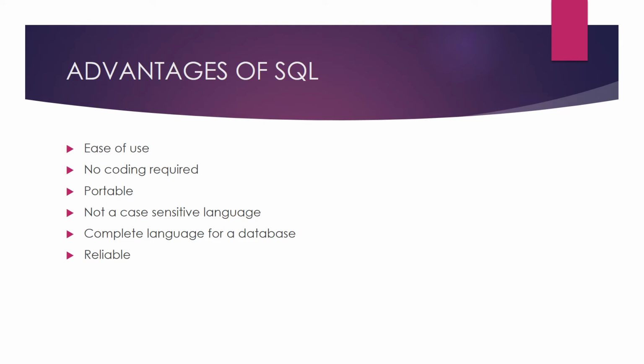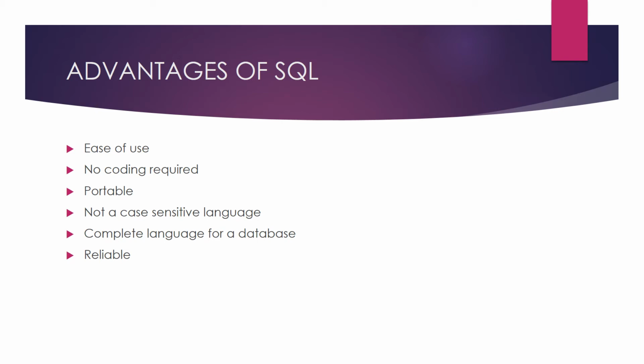Then next is complete language for a database. It means apart from being a strong query processing language, it can also be used to create, insert, delete and control access to data in a database. It means with this single SQL language, you can perform all the tasks on the database.